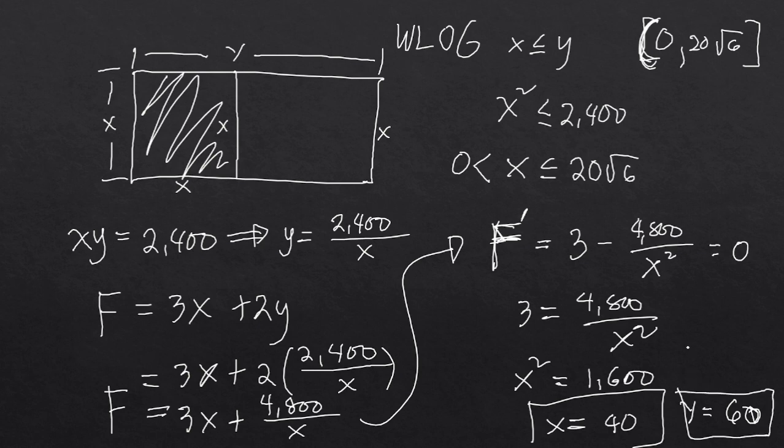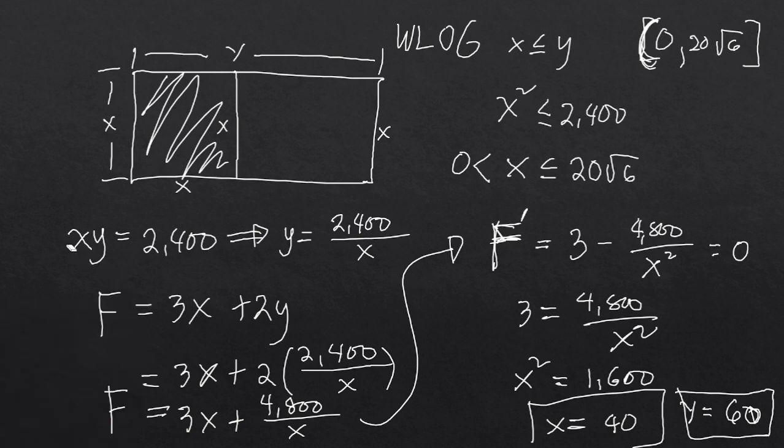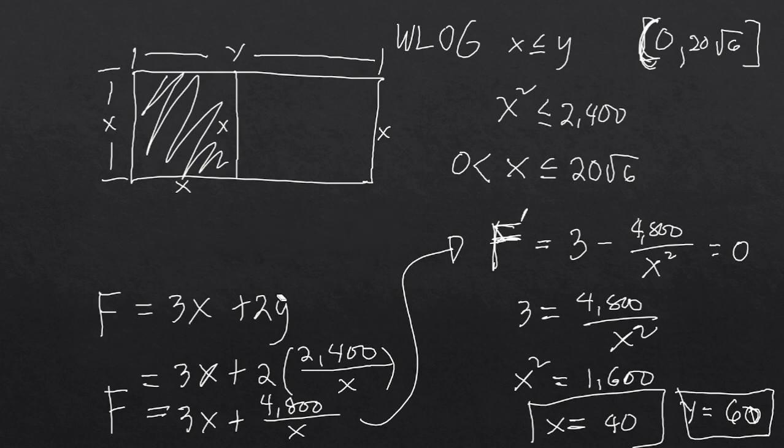Okay. So the next thing that we will be doing is we are going to use the first order or the first derivative test. Because that will tell us whether your function is increasing or decreasing in a certain interval.